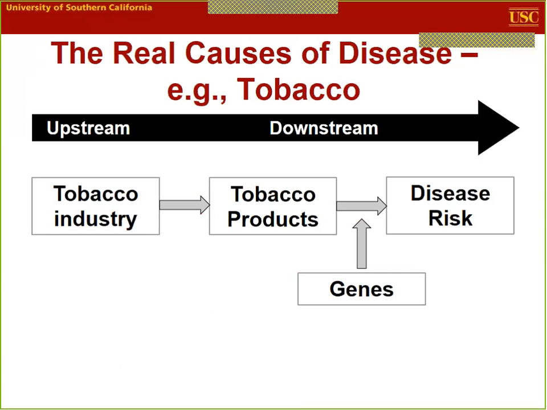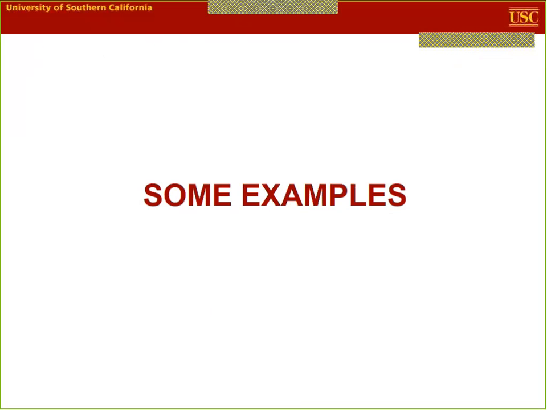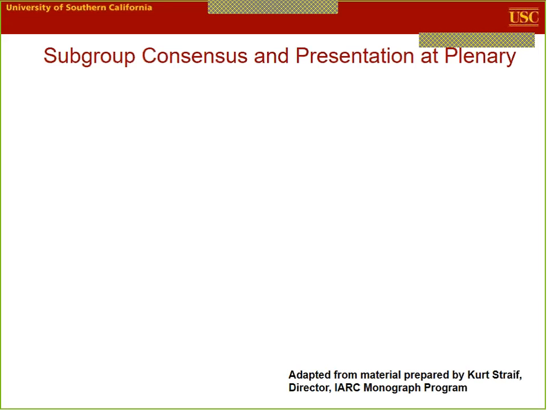And this fits so well in thinking about tobacco-caused disease, because tobacco products are caused by the tobacco industry, and much of our policy work, including the Tobacco Control Act, focuses now upstream towards the tobacco industry.